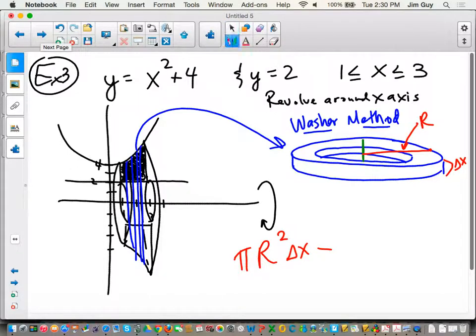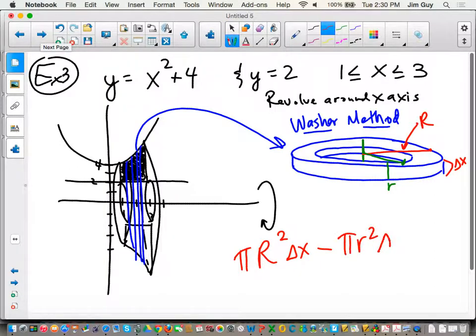Going from your center to whatever this is here, we'll call that radius little r. So the volume of the hole is pi little r squared delta x. This is one washer, or one donut, one slice of pineapple. And it's the integral that adds them all up.